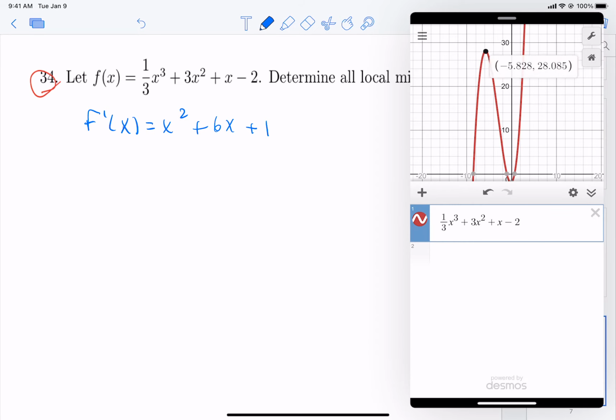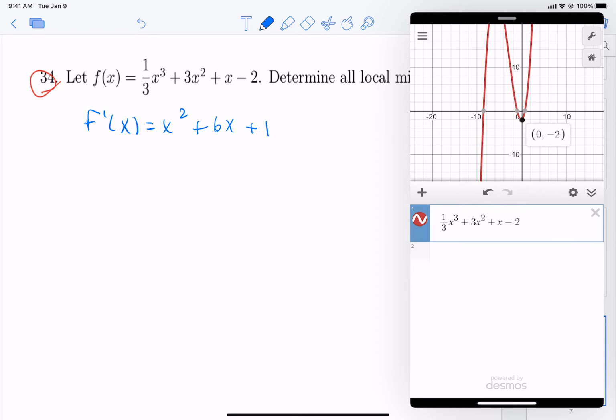There's a local minimum. Did I do the derivative wrong somewhere? That's the correct derivative, isn't it? Yeah. It's not factorable.